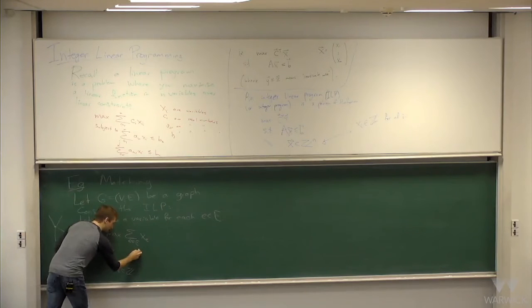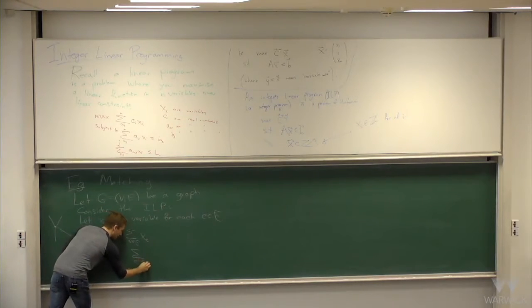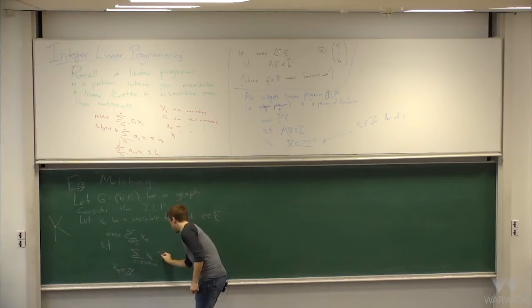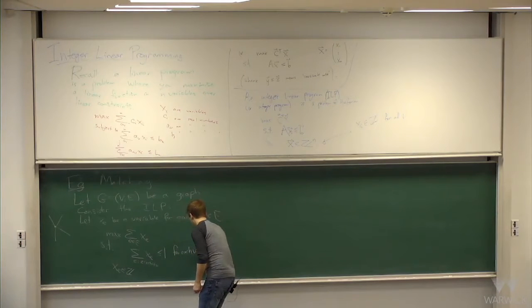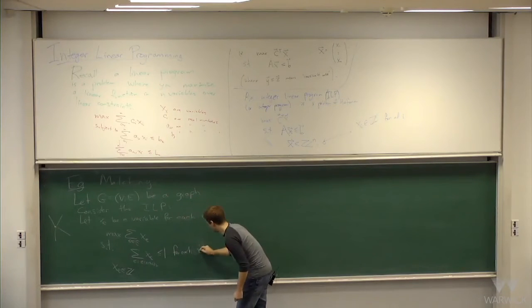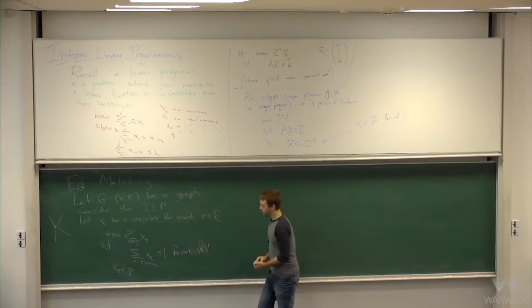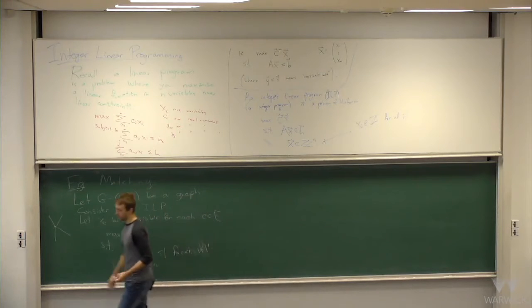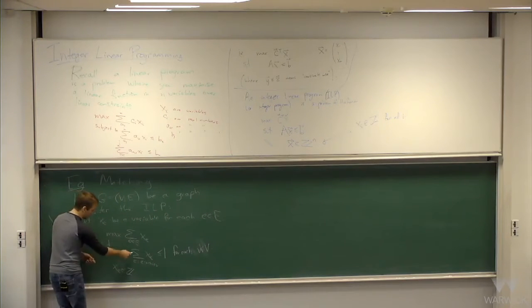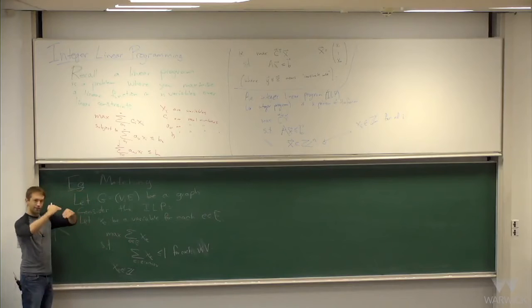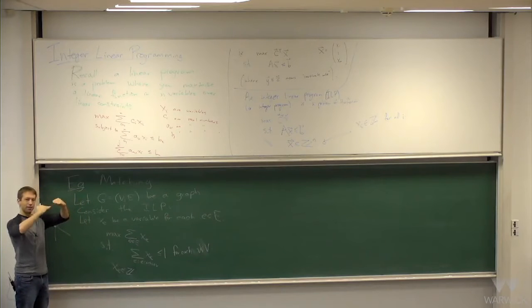So if I look at the sum over all edges e such that e contains v of xe, that has to be at most 1 for each vertex v. It looks like I've written just one constraint here, but I have this constraint for every single vertex, so you should think of this as listing out size of V constraints.